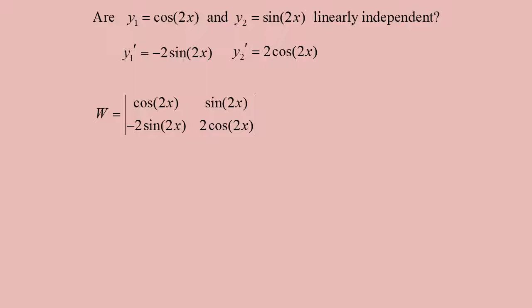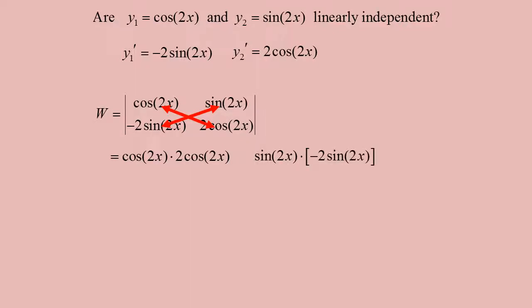To evaluate a 2 by 2 determinant, you multiply diagonally, beginning with the upper left and the lower right, and multiply the other two diagonals and then subtract. Multiply, multiply, subtract is the order for evaluating a 2 by 2 determinant.